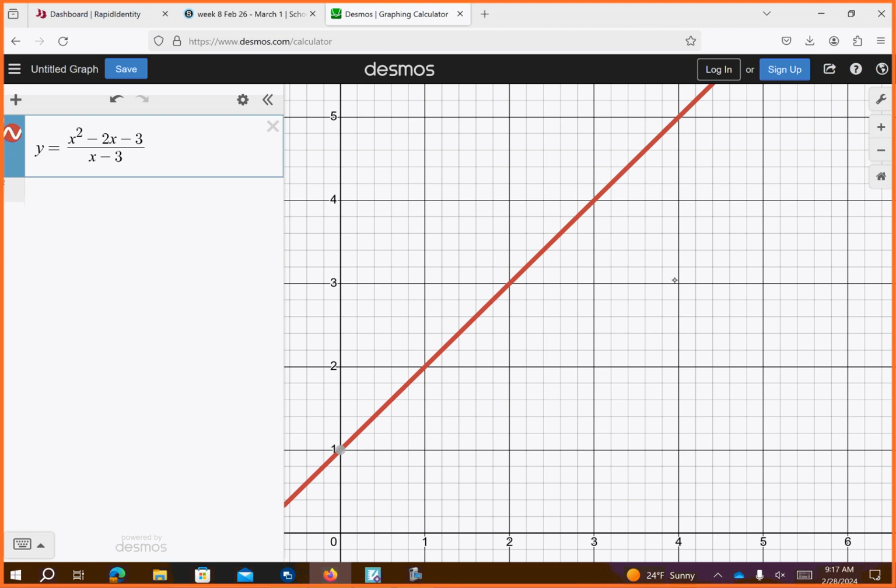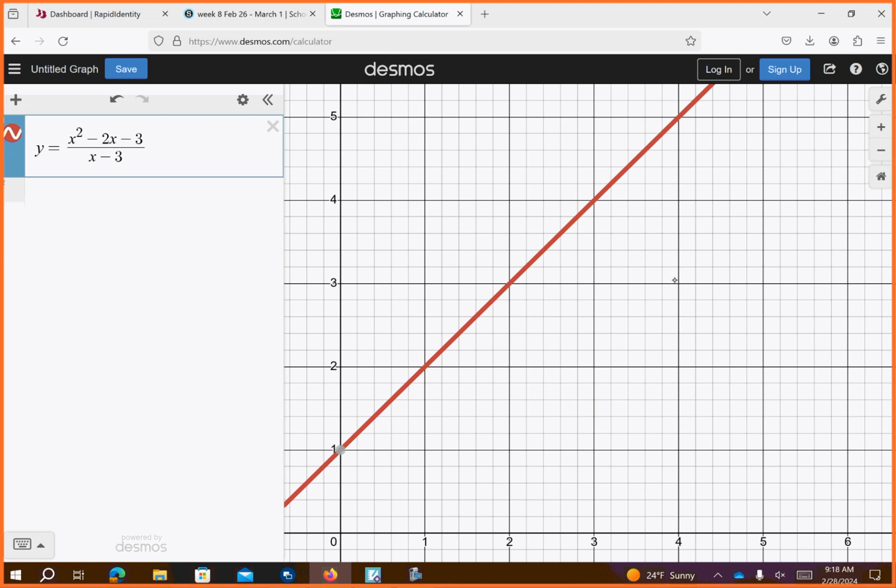Okay, so question I want you to ponder. If I'm traveling up this line and I get to 3, or if I was traveling down the line this way and I get to 3, are both of those getting to the same hole?